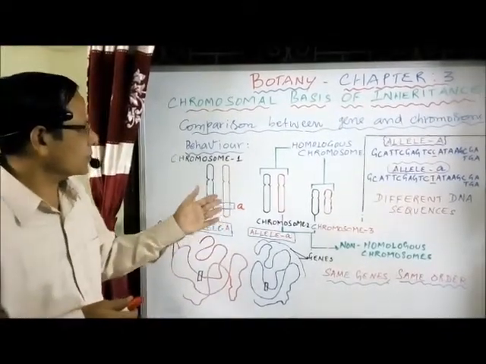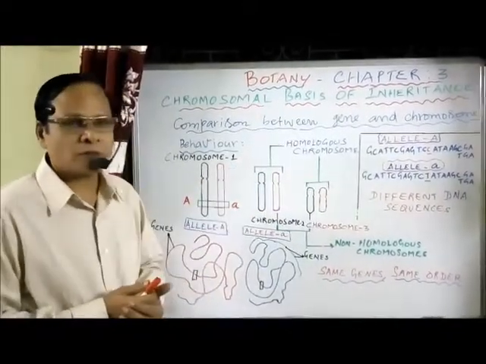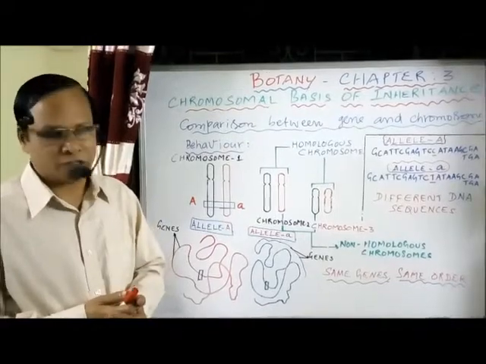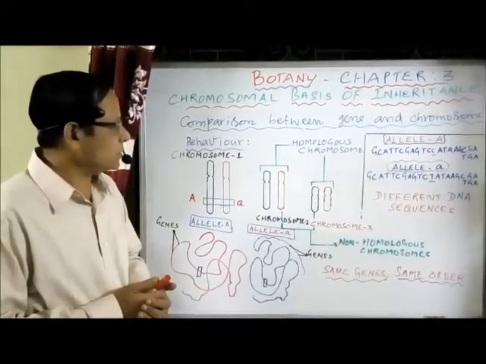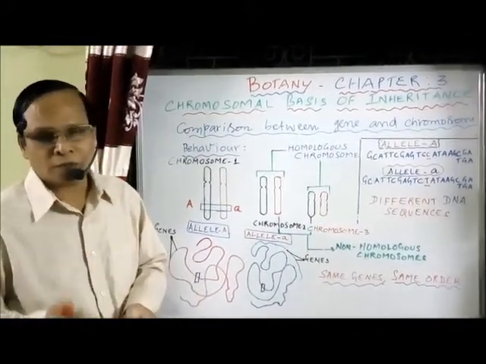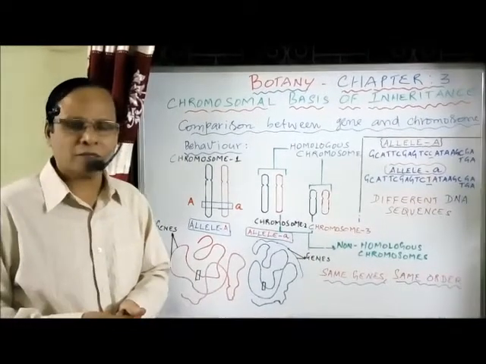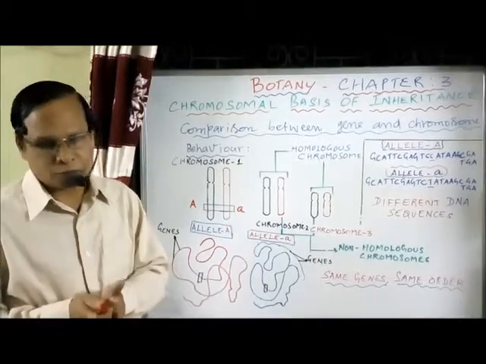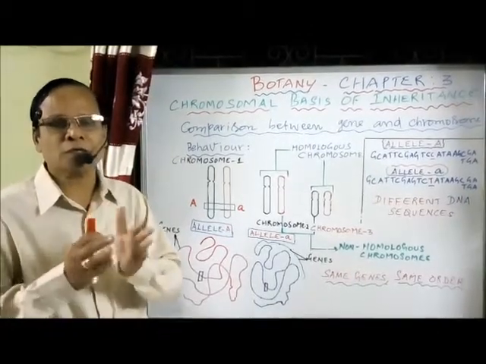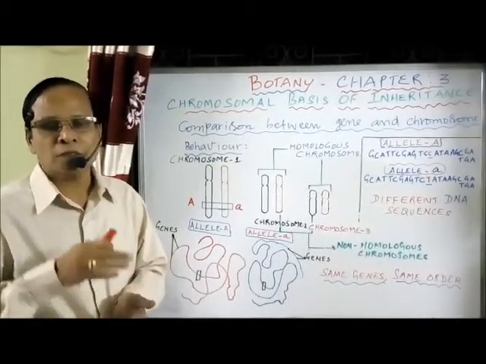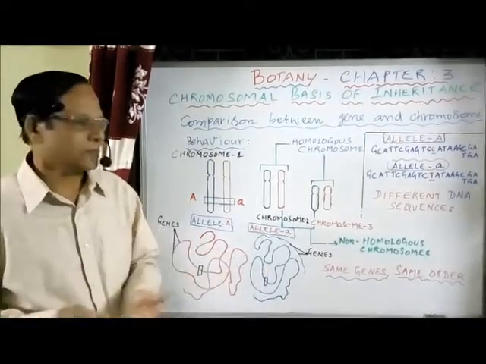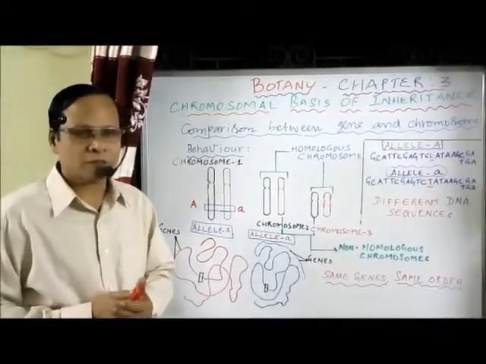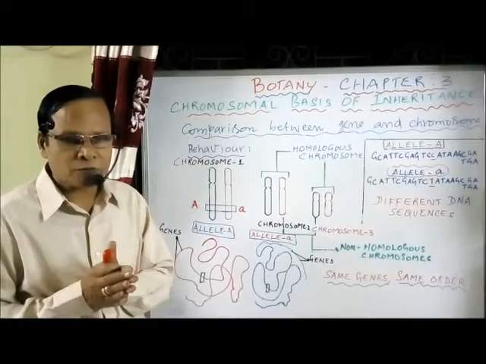Now here, we are taking the chromosomes, how they are arranged. You know that scientists all around the world have established that the total number of chromosomes is generally constant in all the cells of a species. If you take one particular species, the number of chromosomes is always constant.